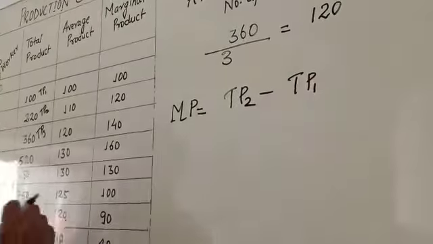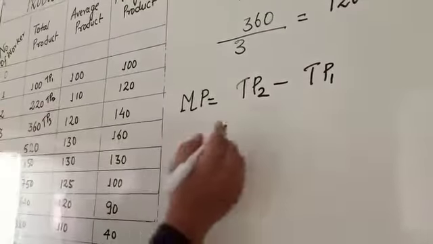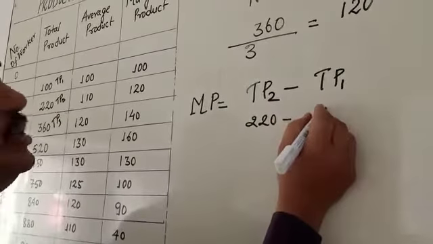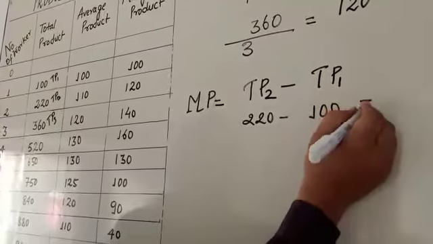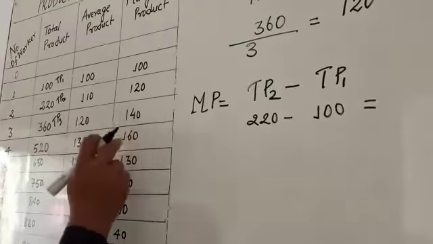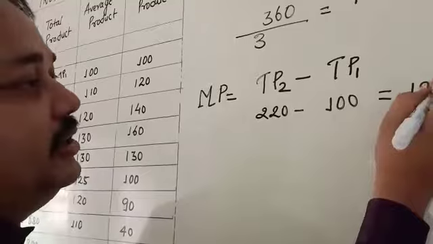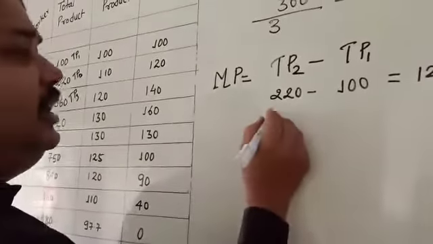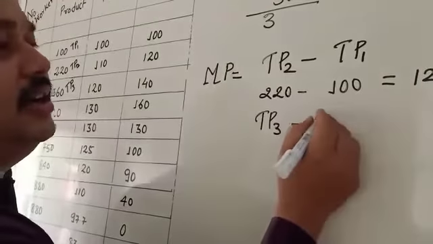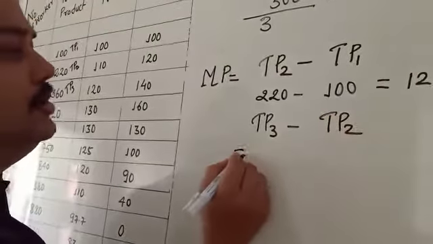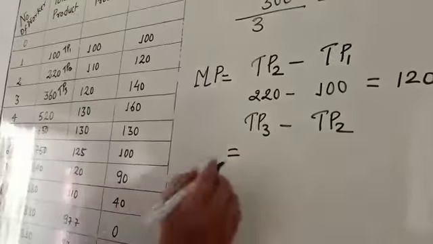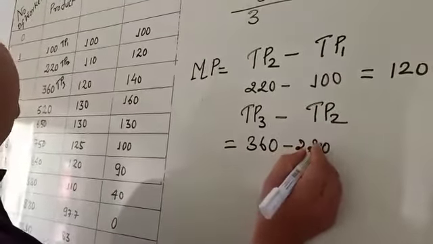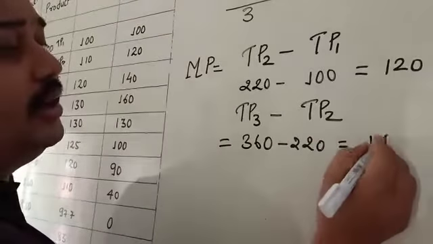What is the value of TP2? TP2 is 220 minus TP1, that is 100. So marginal product here is 120. If you want to calculate TP3 minus TP2, TP3 is 360. So 360 minus 220 is equal to 140.